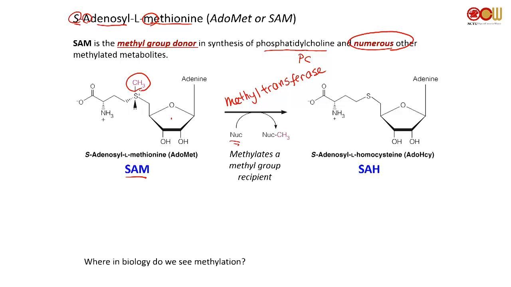So that's just all it is. Right? So you can do a very simple transfer, and you end up with SAH. So you go from SAM to SAH to like SA, okay, whatever. All right, so, okay, so SAM to SAH. Okay, H stands for homocysteine.